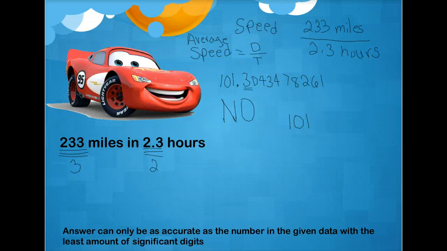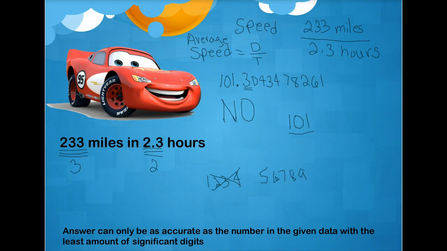If you have 1, 2, 3, or 4, you don't round. But if it's 5, 6, 7, 8, or 9, then you do round the number that's in front of it. So 101, this is a 3, so we're not going to round. So our number is 101.